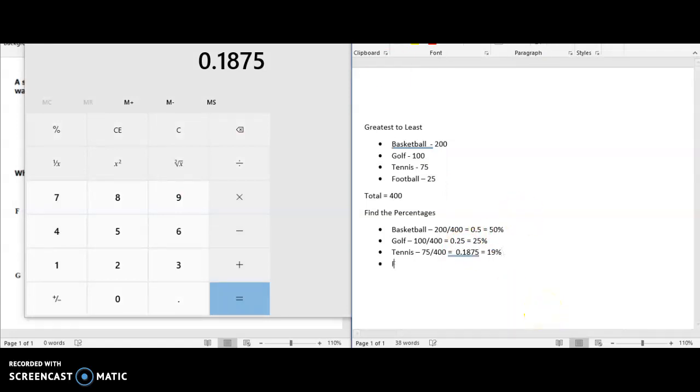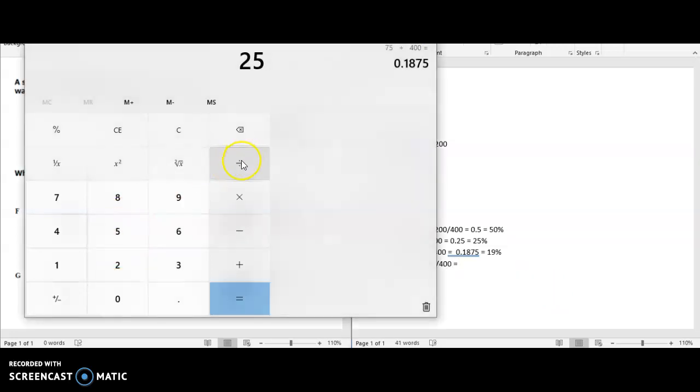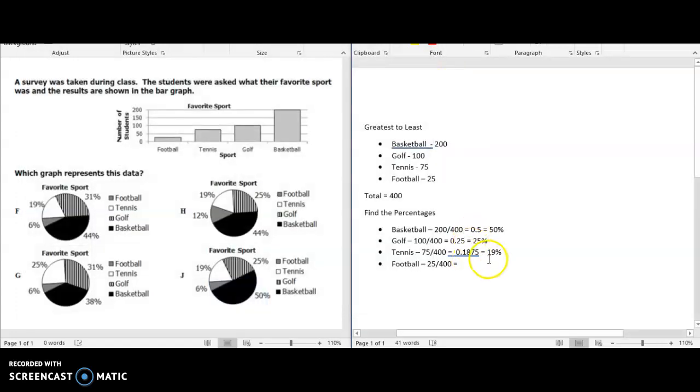And then football, 25 out of 400. That's another one I do not know off the top of my head, so 25 divided by 400 is 0.0625, which is about 6%.